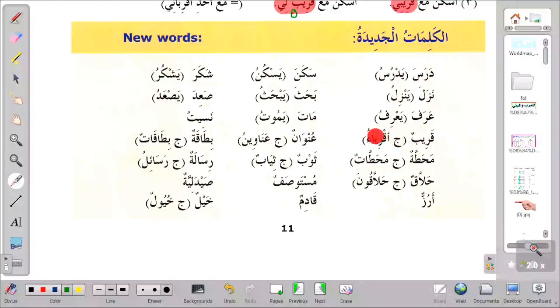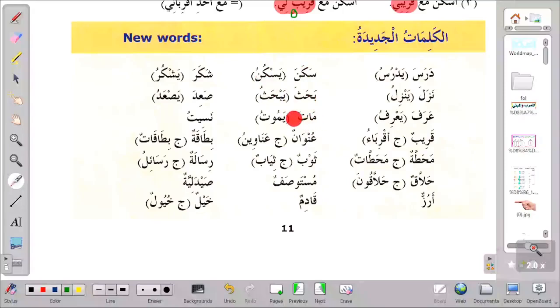Aqriba'u, relatives. Okay, another word is aqarib. Mahattatun, the station. Mahattat, stations. Halakun is the baba. Halakuna is the babes. Aruzun, rice. Sakana, he stays. Yaskunu, he is staying. Bahasa, he searched. Yabhasu, he is searching.